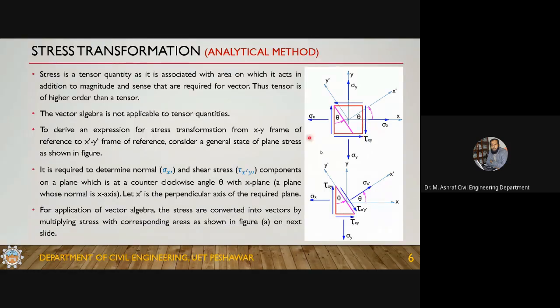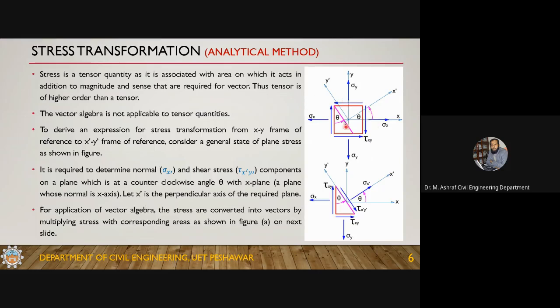When you start the derivation of something, the quantity you initially take should be considered a positive quantity. So I am starting with both sigma x and sigma y as tensile quantities. In my derivation, tensile stresses will be taken as positive.